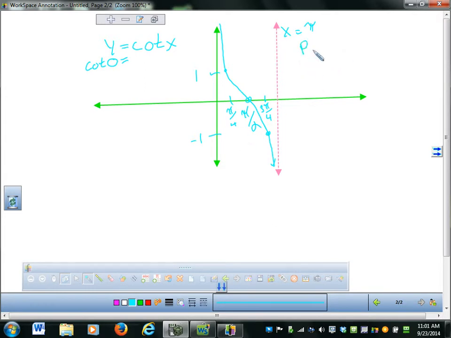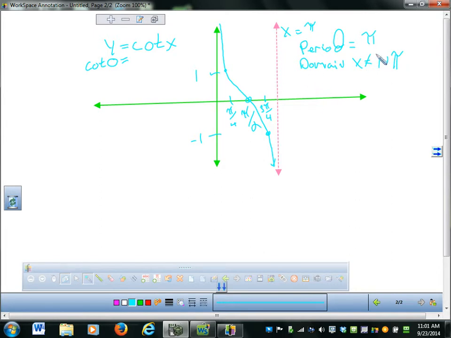All right, the period again is pi. The domain is x is not equal to what? 0 and pi, right? So x is not equal to n times pi. Any multiple of pi, you have an asymptote.